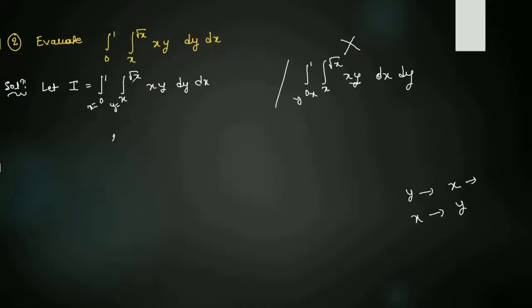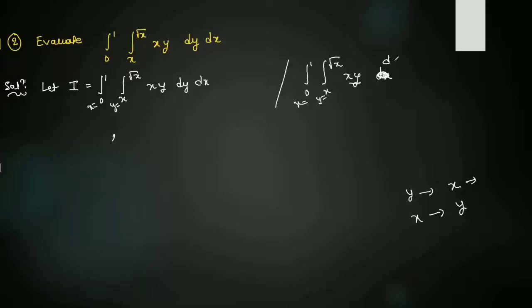Whenever we have x as a limit, it should be y that varies. Understood? Yes, sir. So what should be the variables here? Here it should be x only, and here it should be y.